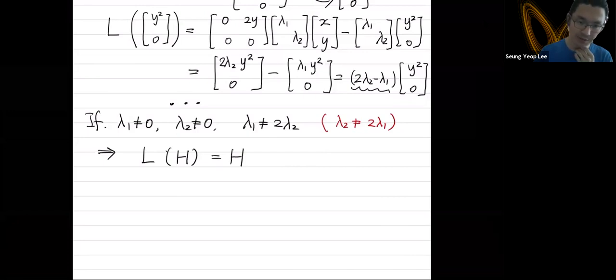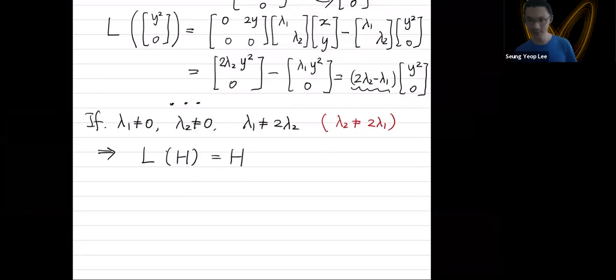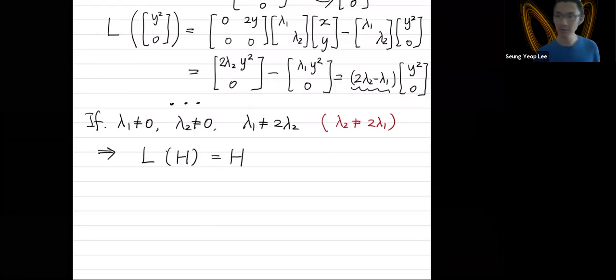Quadratic terms in the Taylor series can be removed from the equation by a clever choice of H, small h, by a clever choice of change of variables. So there's no non-trivial quadratic term that can change the dynamical system qualitatively.